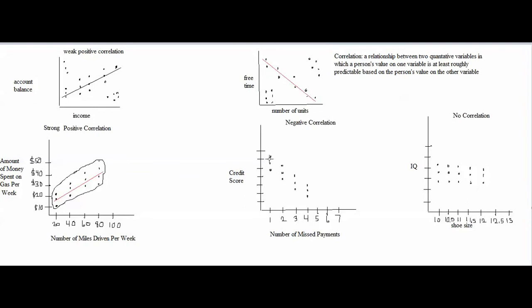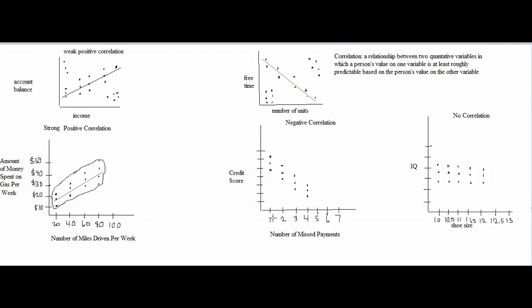What about number of missed payments and credit score? I'm thinking that this would be a more consistent correlation, or a stronger correlation, because when people miss more credit payments, their credit score, at least I think, almost always goes down.